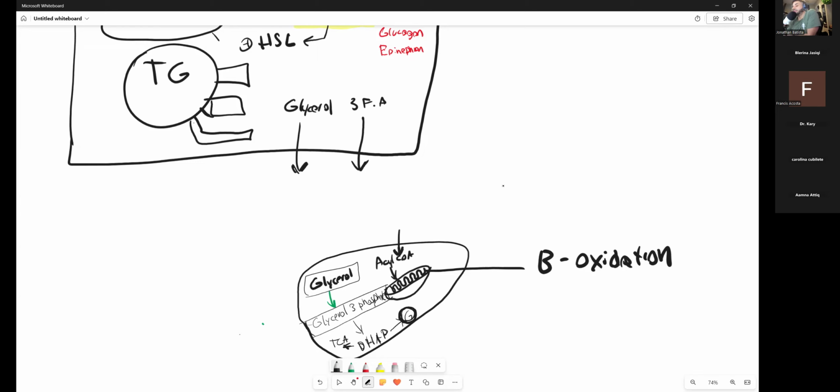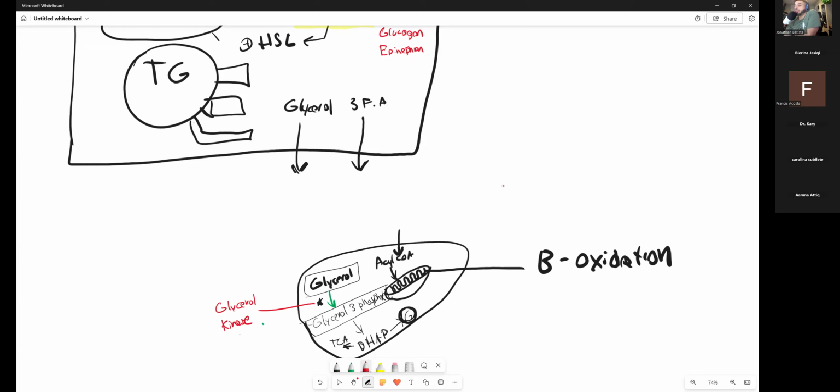So let's make sure 100% we know what we're talking about here. There's an enzyme here, and I'm going to give you the name of this enzyme. Remember this one? It's glycerol kinase.